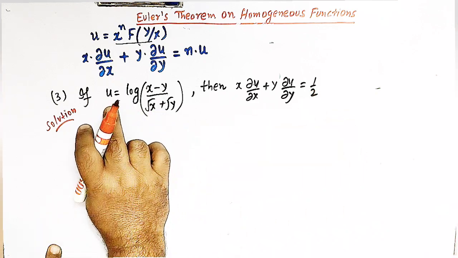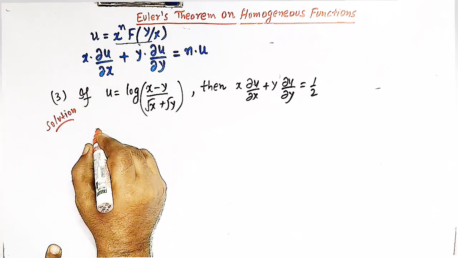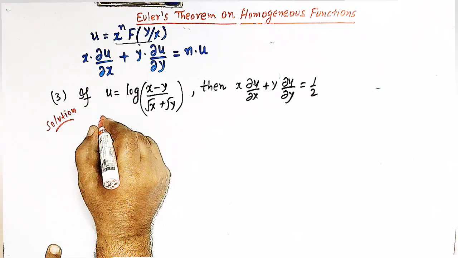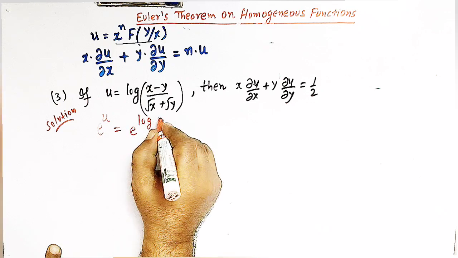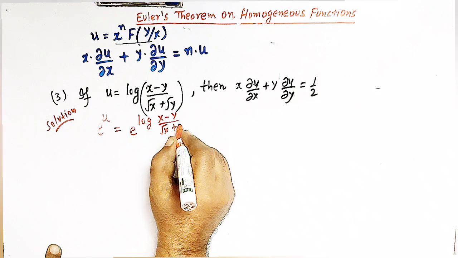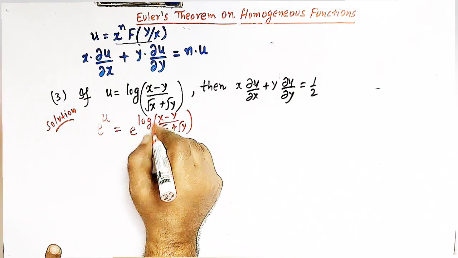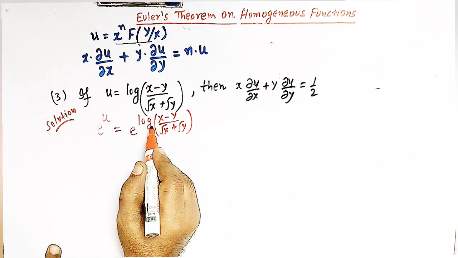So let us raise these two terms to the power of e. We can now write e raised to u is equal to e raised to the logarithm of x minus y over square root of x plus square root of y. And remember here the base of the logarithm is e.